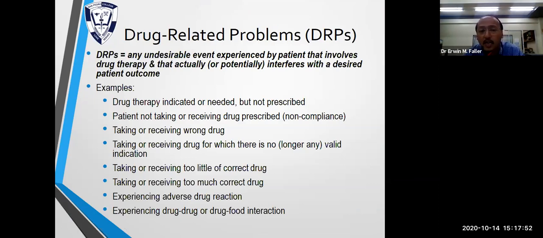So these are examples of drug-related problems: therapy that may be indicated or needed but was not prescribed to the patient; the patient is not taking or receiving a prescribed drug due to non-compliance; or taking or receiving the wrong drug, which may mean they self-medicate, or receive a prescribed drug for the wrong indication or wrong diagnosis, or a wrong drug given by the pharmacist; or taking a drug with no valid indication; or taking it for a longer period of time.